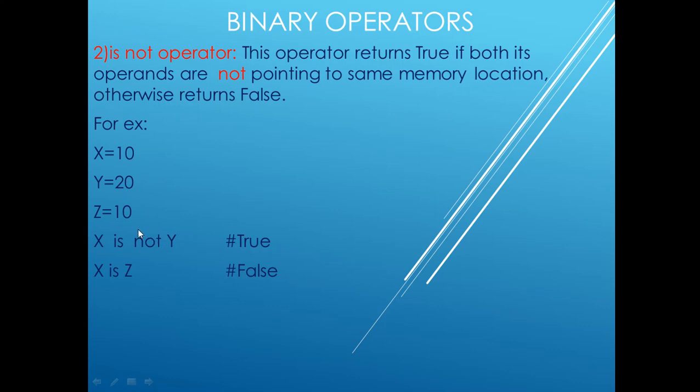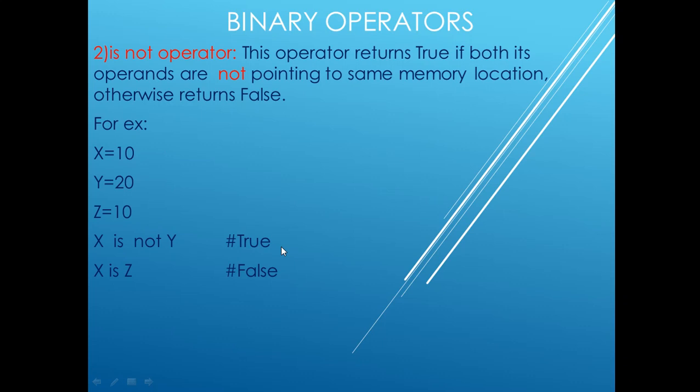The operator I have used, the identity operator 'is not', will return true if both its operands are not pointing to the same location. So x is pointing to the location 10, y is pointing to the location 20. So both are not pointing to the same location. That is why it returns true.